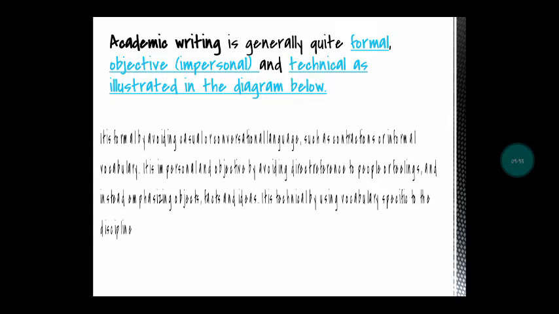So let's define what academic writing is. Last time we discussed academic writing. Academic writing is generally quite formal, and it is objective, impersonal, and technical, as illustrated in the diagram below. Later we'll discuss the diagram.